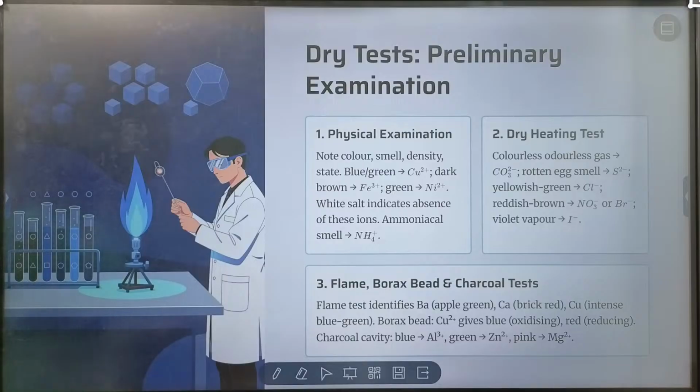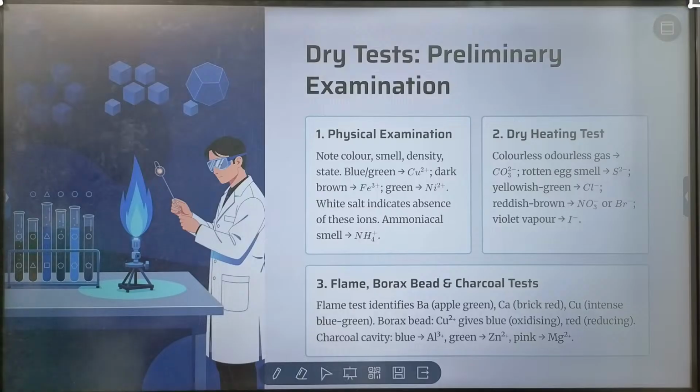So the next one is the charcoal test. The charcoal test is also a simple test, where you have to take a charcoal cavity. Charcoal is nothing but carbon. You have to add the metal salt into the cavity and add sodium carbonate into it, and you heat it strongly either by the oxidizing flame or the reducing flame.